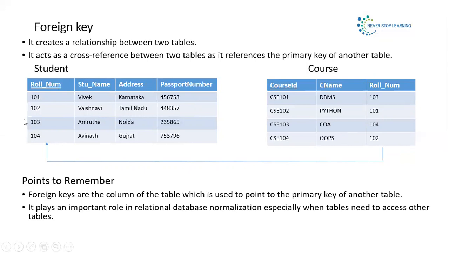And it's taking its reference from the student table. So one point to remember: whatever values the student table has in roll number, 101 to 104 here, only those values are allowed on this side. Understand it like this: when it refers, the student table will act as a parent table and the course table will act as a child table. Now a child can have only those attributes which its parent has, right?